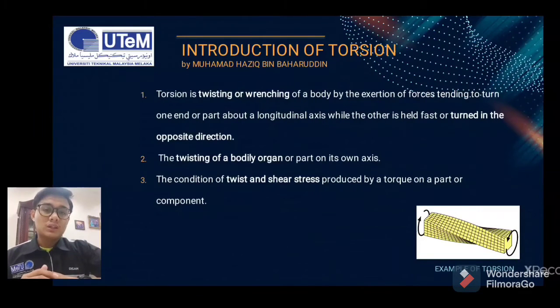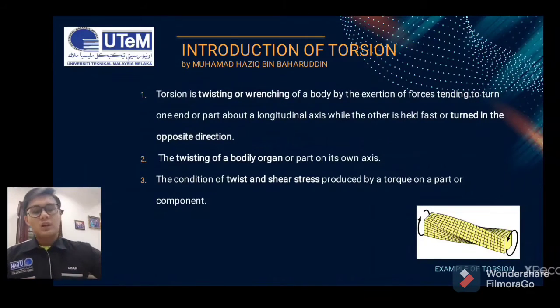The next meaning for torsion is the twisting of a bodily organ or part on its own axis. And the next explanation is the condition of twist or shear stress produced by a torque on a part or component. So we have some examples of torsion there.